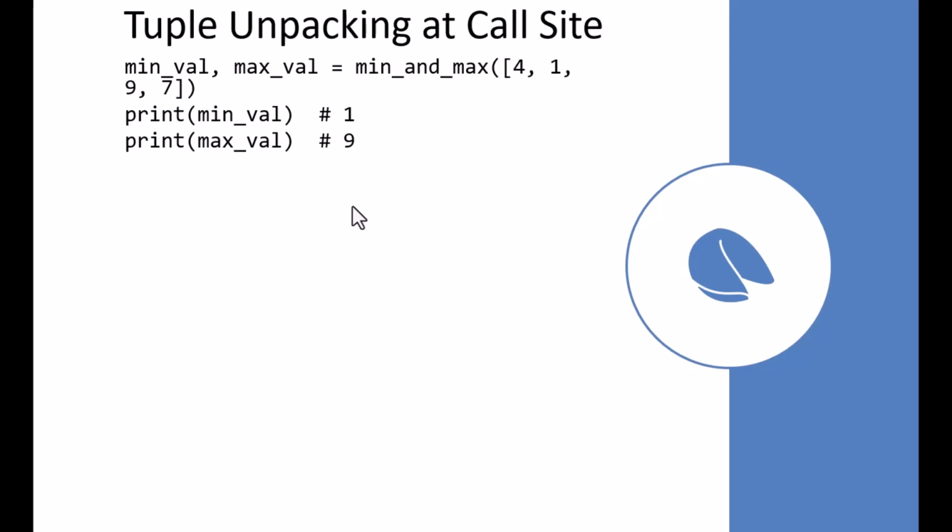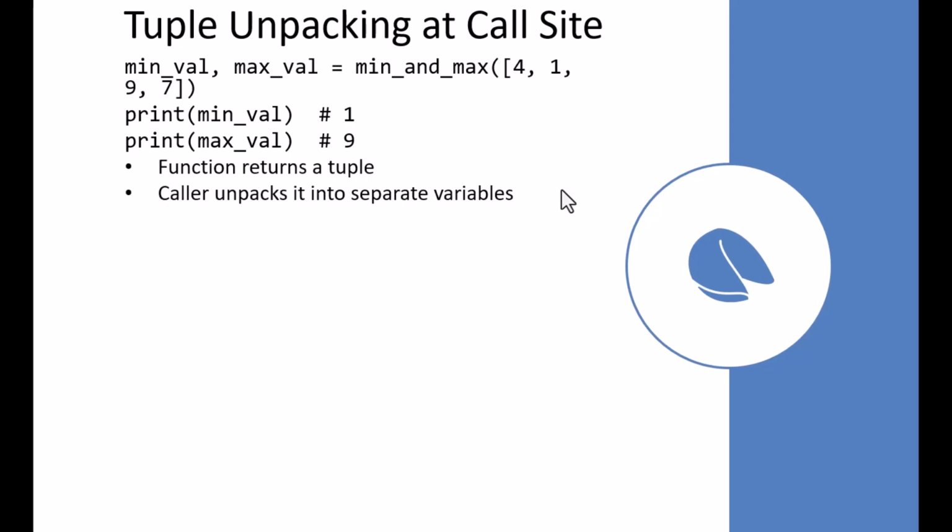This is called tuple unpacking at call site. The function returns a tuple and the caller unpacks it into separate variables. That is the essence. Here is the caller, unpacking it into separate variables.